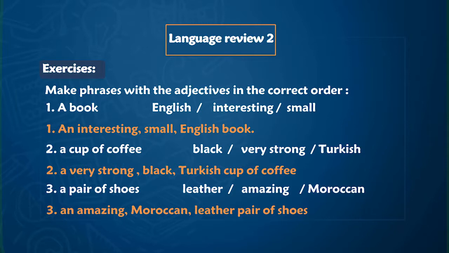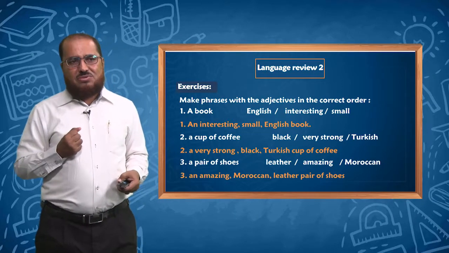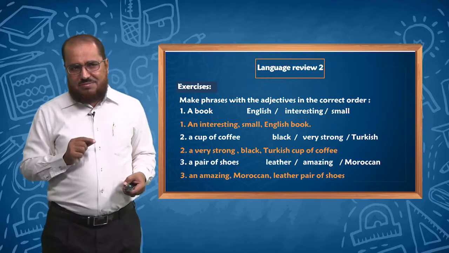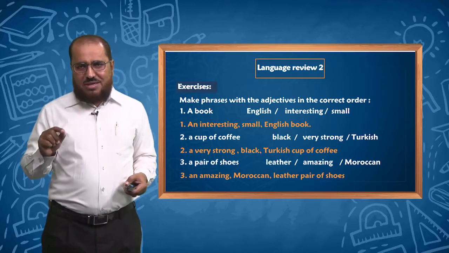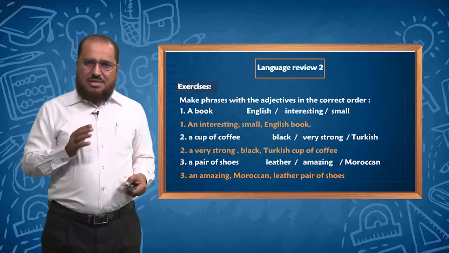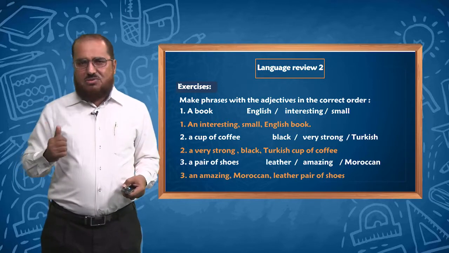An amazing, Moroccan nationality, leather material, made of leather, a pair of shoes. And again, take care of the article a and an here, because amazing starts with a vowel, and an must come before words that start with vowels.